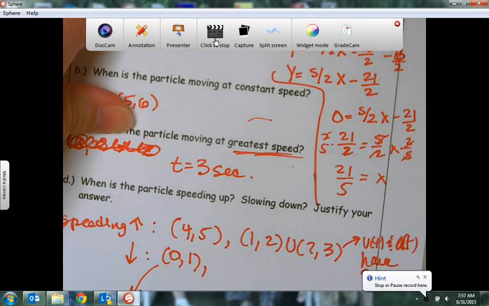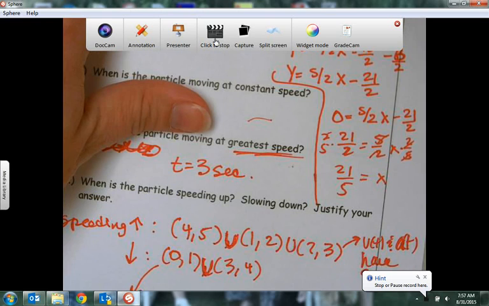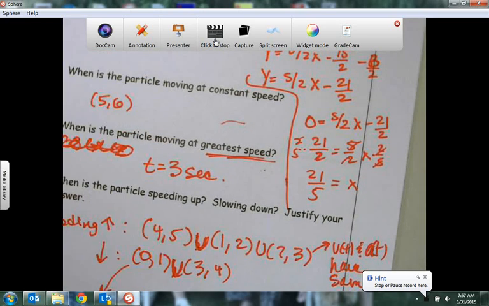So from 3 to 4, alright, let's do unions instead of commas on all those. From 4 to 5, I'm positive, positive. And then from 5 to 6, it's constant, so it's neither. So 0 to 1 and 3 to 4.